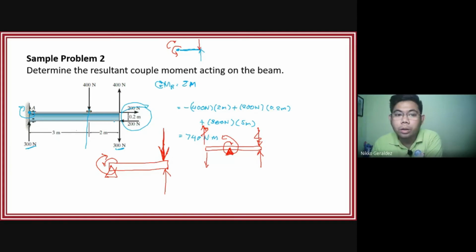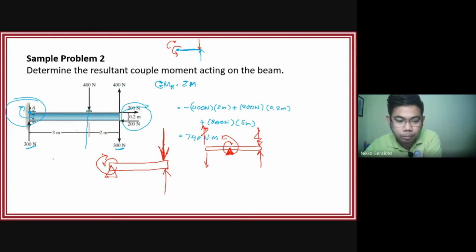Halimbawa, dito sa sample problem number 2, pwede natin i-solve ang resultant couple moment at point A. Mag-moment tayo at point A, then solve natin yung resultant moment ng forces doon sa beam.